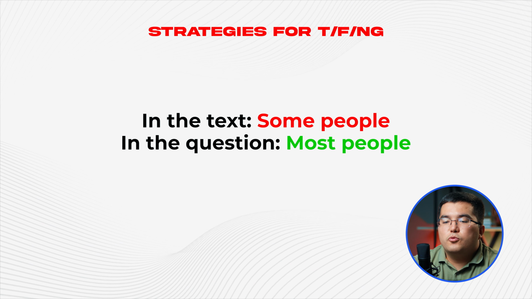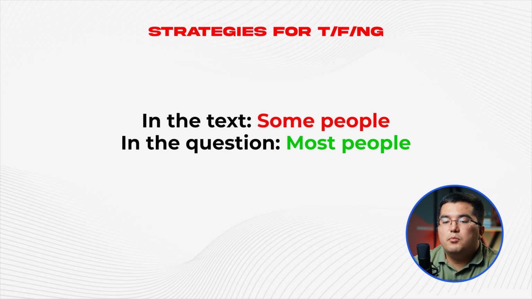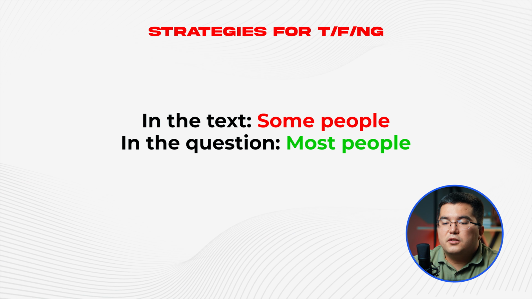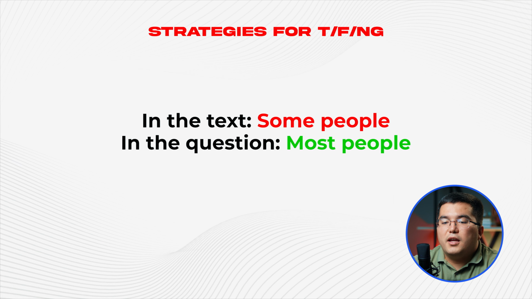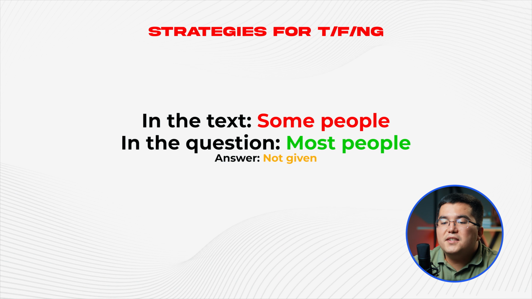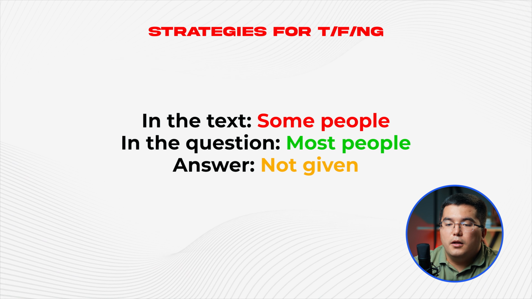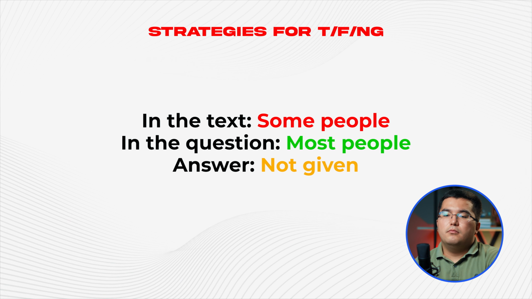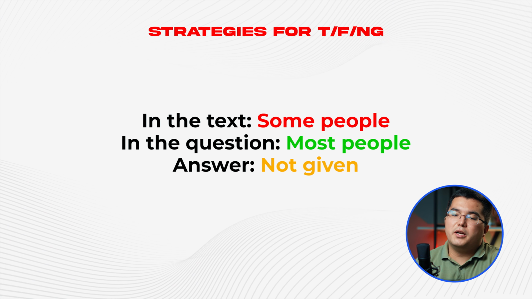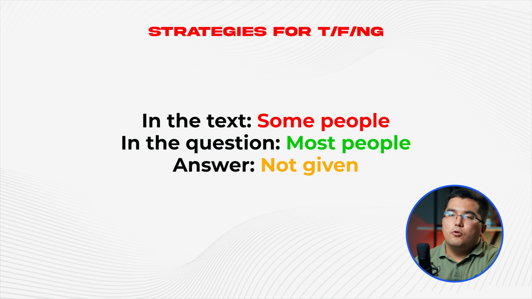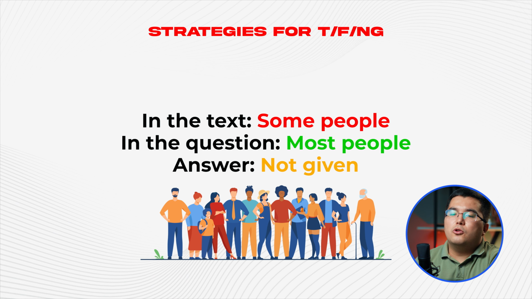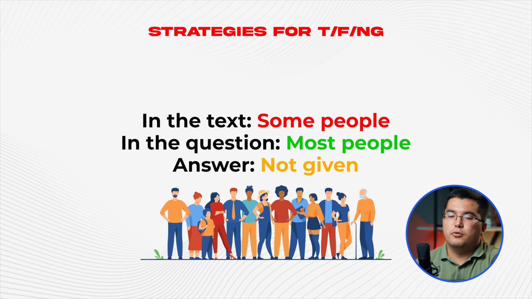Most of the IELTS candidates make a mistake. They think that some and most have the opposite meaning. But the answer here will be not given. Let me explain why. What is some? Some is an indefinite pronoun. By saying some people, you are not telling me the number of people.